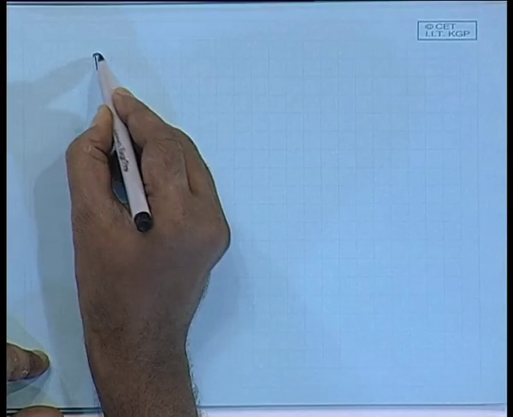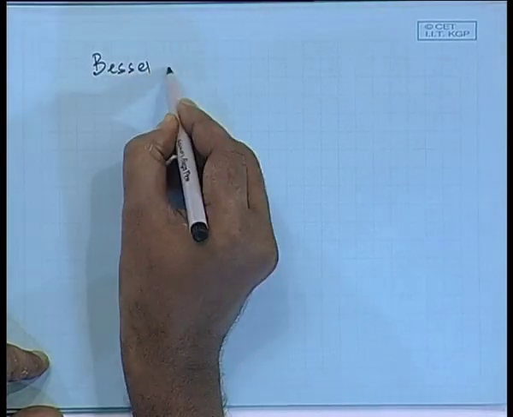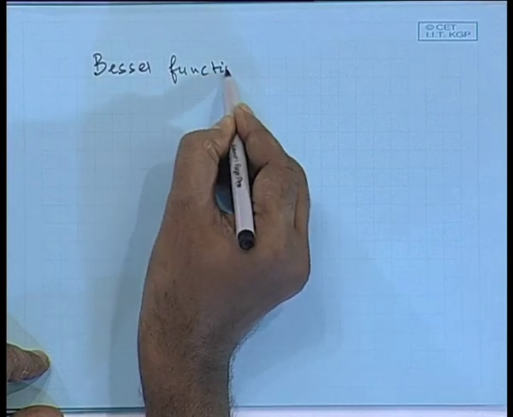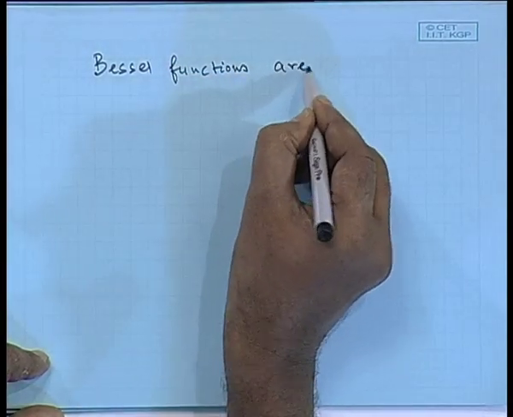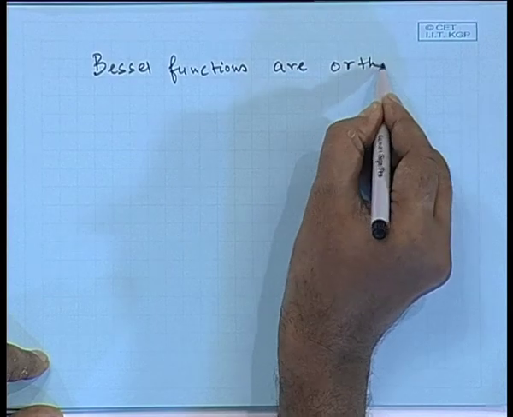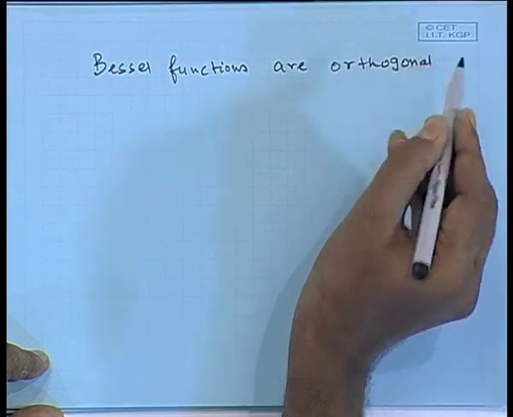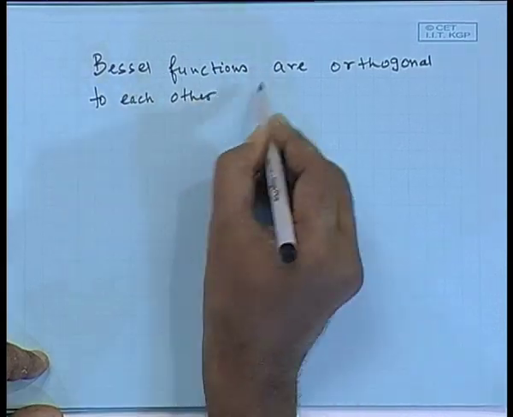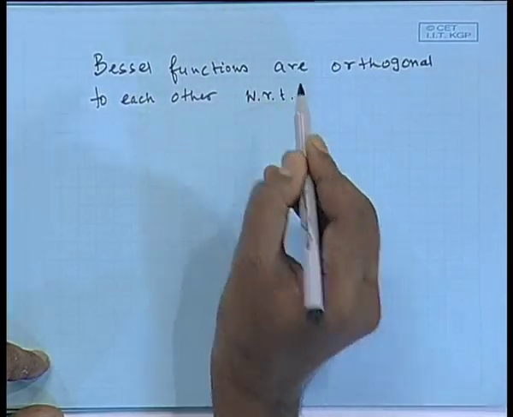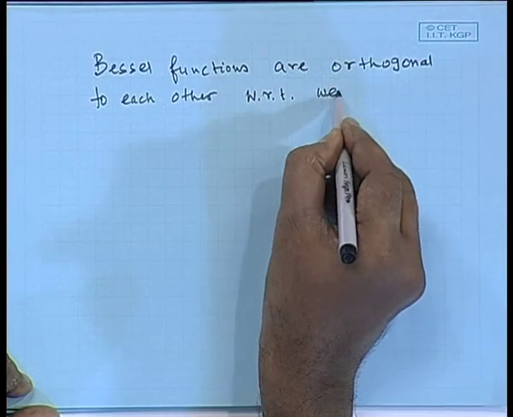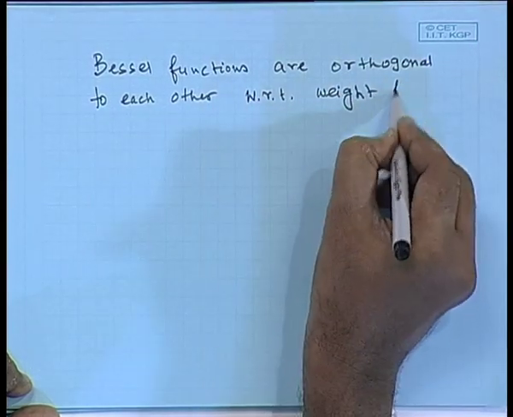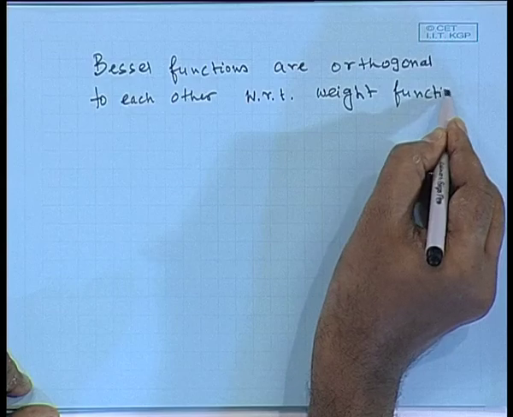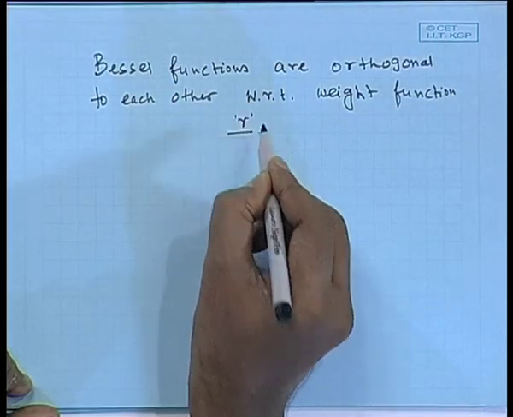The statement is: Bessel functions are orthogonal to each other with respect to some weight function r.